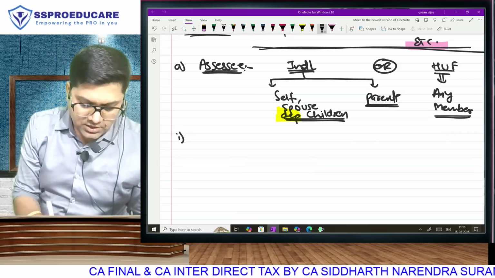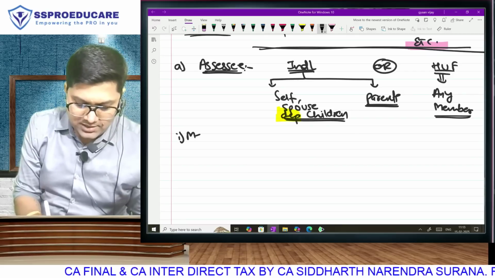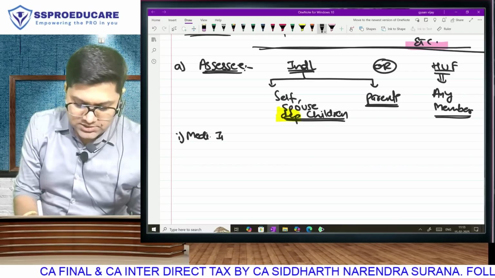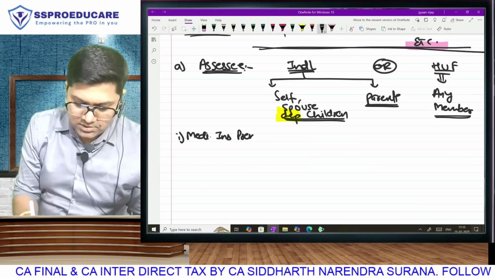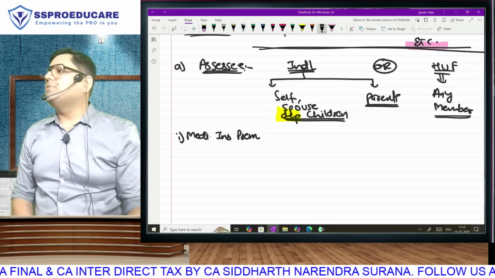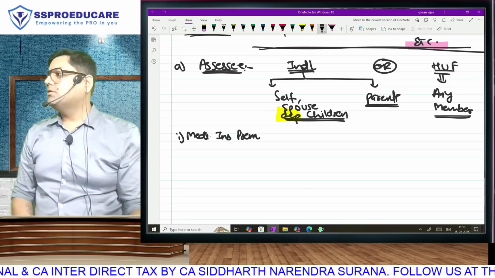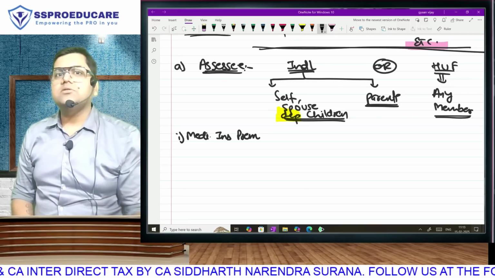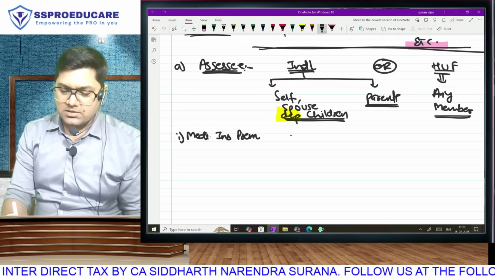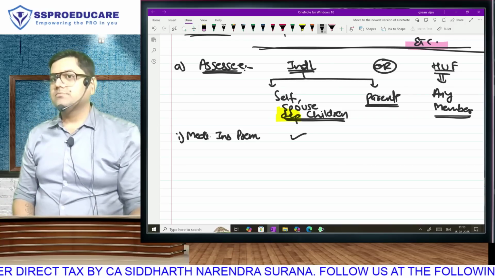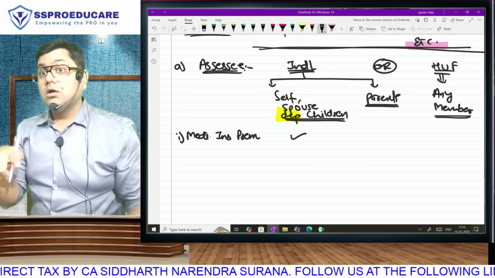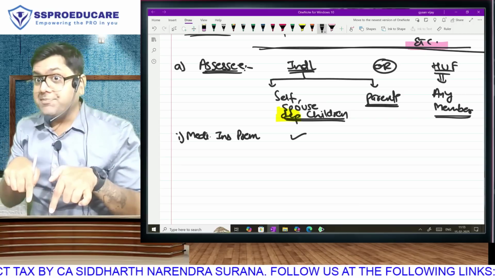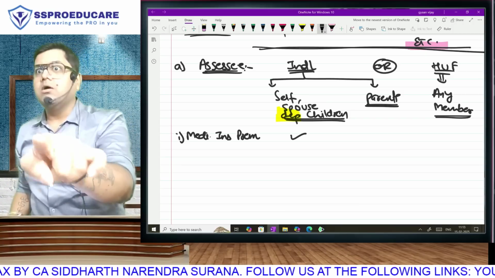First, you are paying medical insurance premium. Can you pay the premium of the first category people, which will cover self, spouse, dependent children? So take it in the total. Then we are not going to apply the 25 limit here. We will apply the 25 limit on the total.